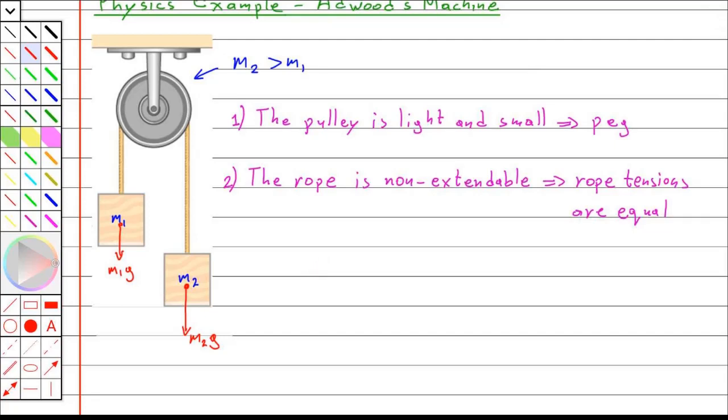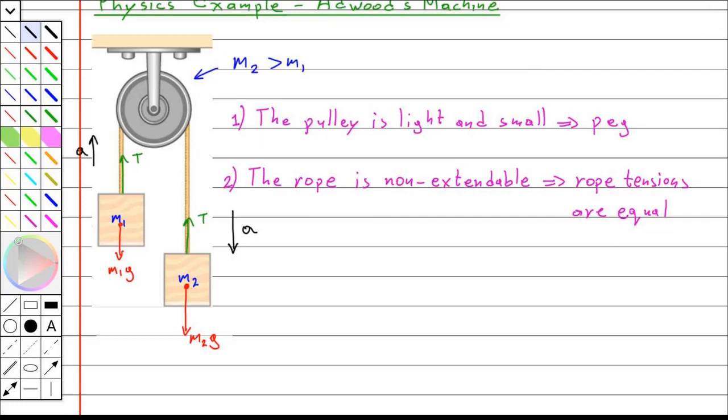Now, apart from the weights, each mass has also a rope tension. As we have said before, based on the assumptions that we made, those two tensions are equal. Since we assumed that M2 is greater than M1, logic and intuition dictate that when left on its own, M2 will be lowered, so its acceleration will be downward, and M1's acceleration will be upward.